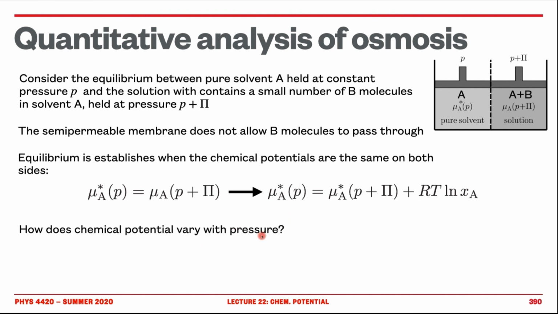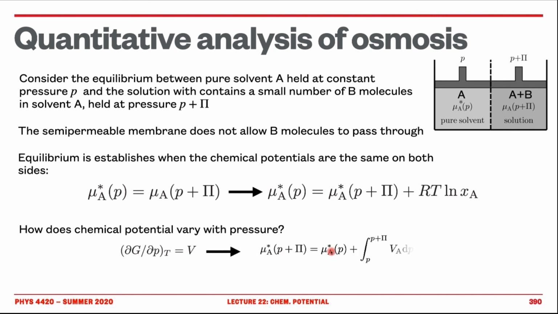Now, how does the chemical potential vary with pressure? Because remember, what I'm interested in is the pressure. So we need this. Well, of course, this is where we remember that we have yet again a magic relationship from all the work we've done that gives us this variation of the Gibbs function as a function of pressure, and we know that the Gibbs function is the chemical potential per particle, and this is actually giving me the volume.